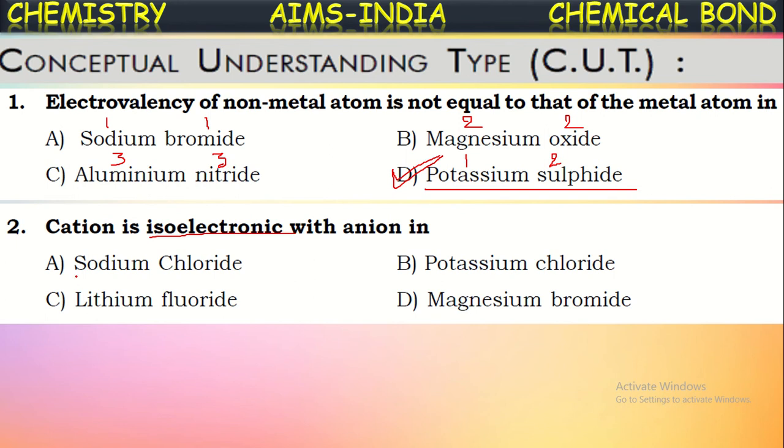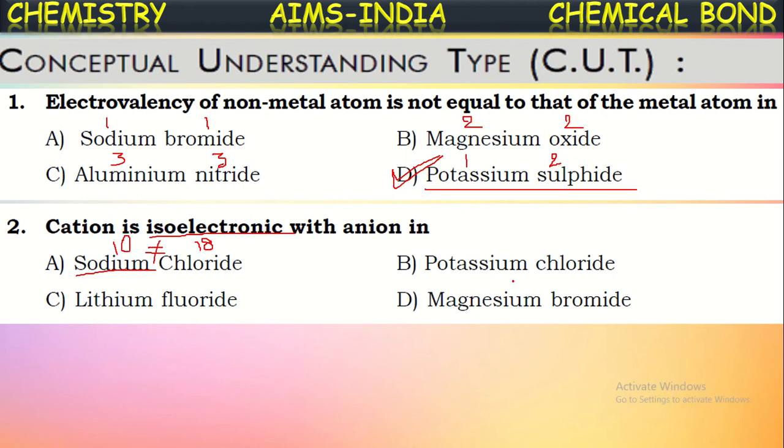See here, sodium ion in sodium chloride has 10 electrons because sodium has 11 electrons, and in the ionic bond formation it loses 1 electron and hence remains with 10 electrons. What about chloride ion? Chlorine atomic number is 17 and the chloride ion has 1 extra electron. Total it is 18. So they are not equal here.